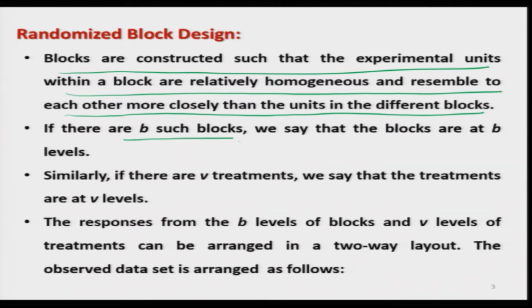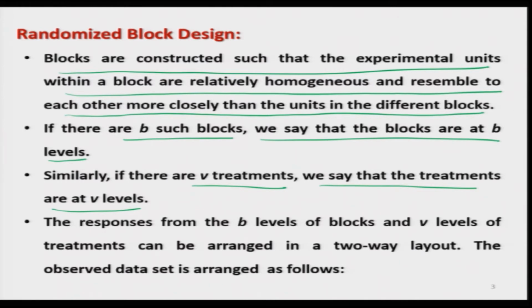So, if there are B blocks, then we say that blocks are at B levels, and similarly you are trying to compare V treatments. So, we say that the treatments are at V levels, right, as you have done. Means if you have a medicine and you are trying to take 3 possible doses, 1 tablet, 2 tablets, 3 tablets, then you say that the treatment is the medicine dose and there are 3 levels, 1 tablet, 2 tablets and 3 tablets.